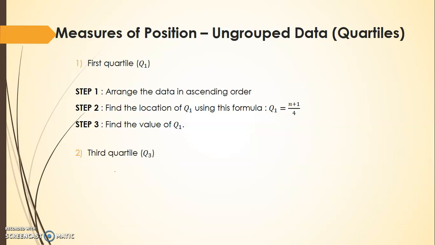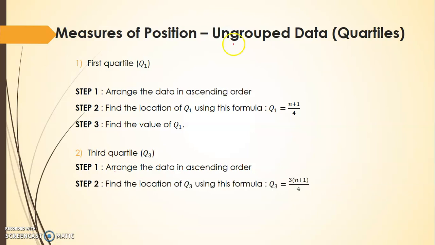For the third quartile, the steps are quite similar to the first quartile, but only differ in the formula for the position of the third quartile. So the first step is to arrange the data in ascending order. Second step, find the location using this formula. For Q3, the location is 3 multiplied with n plus 1 over 4, because it is the third quarter, 3 over 4.